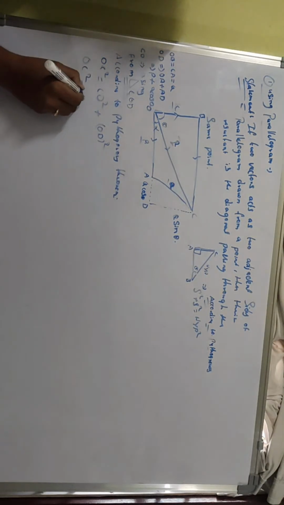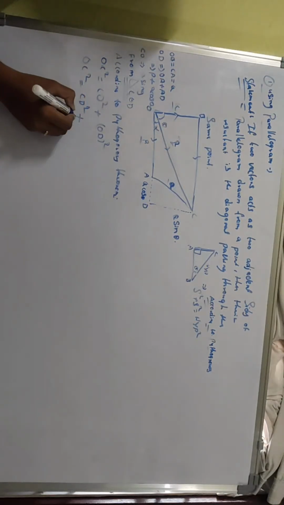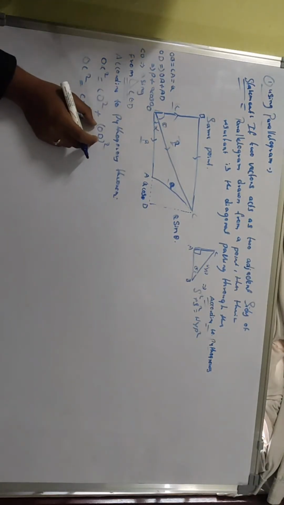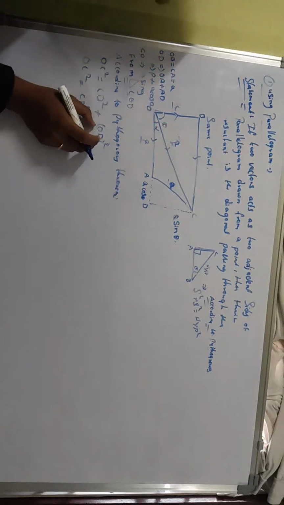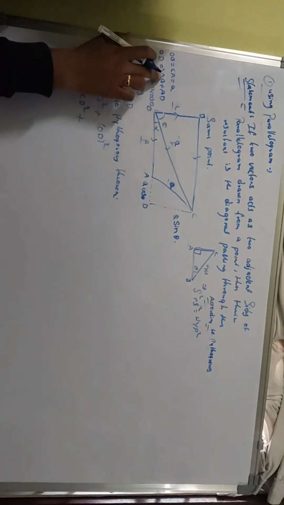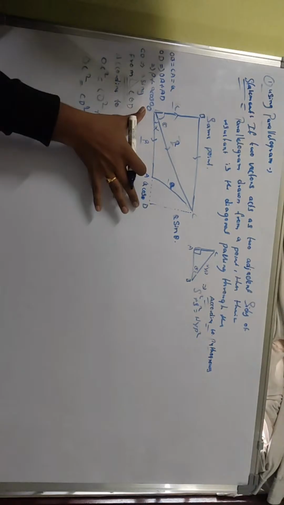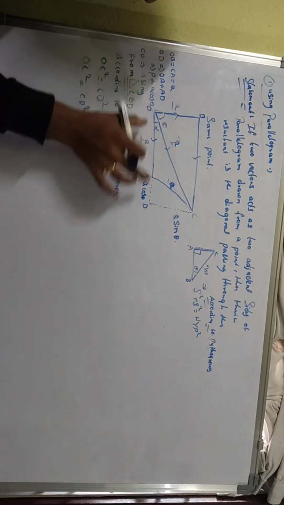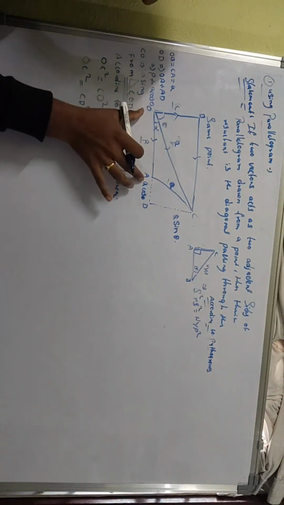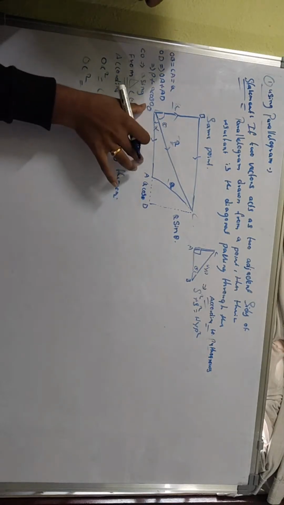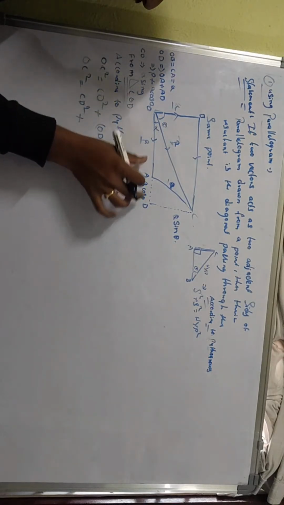OC square is equal to CD square plus OD whole square. OD is transformed from OA plus AD, and this is the total distance. These are the two distances from the given figure.